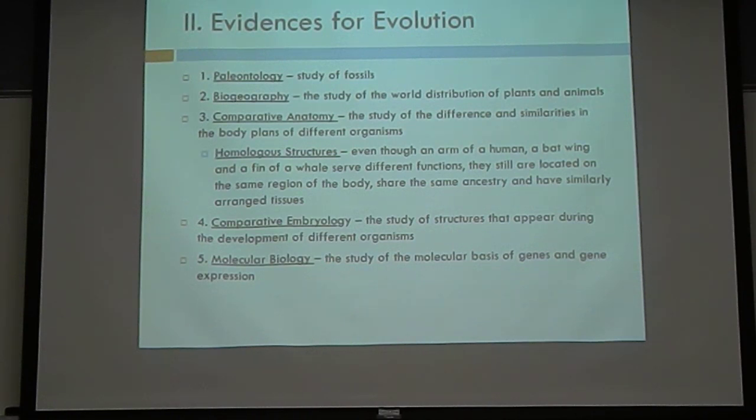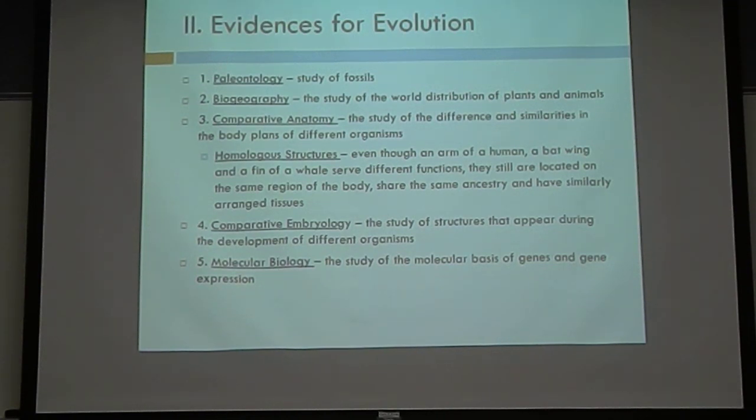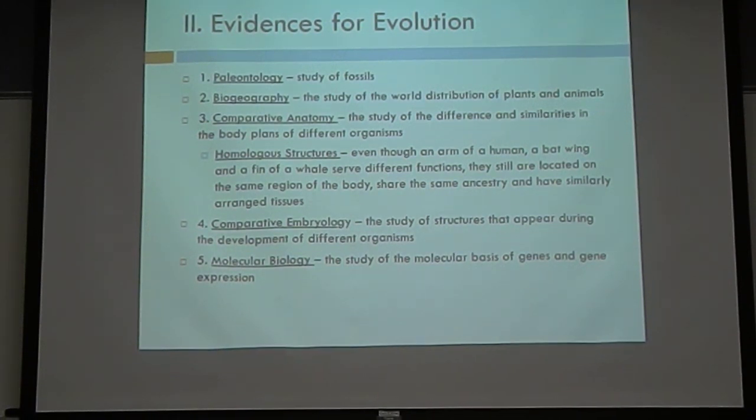All right. Analogous structures would be like a butterfly, a bat, and a bird. All use that structure for a similar function, which is flight, but their tissues are different, and so they're not very similar.